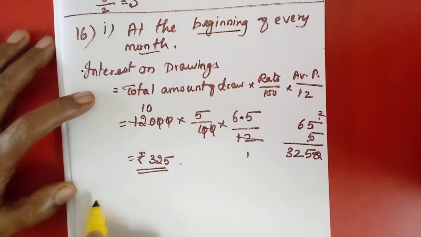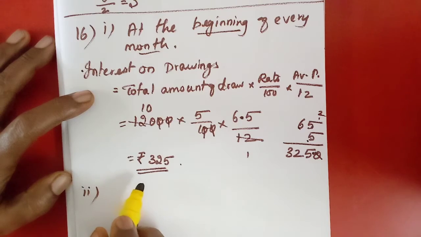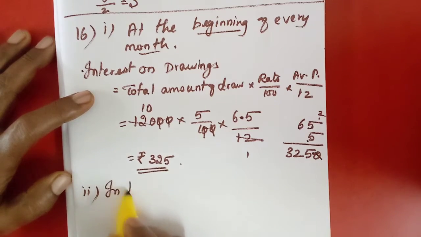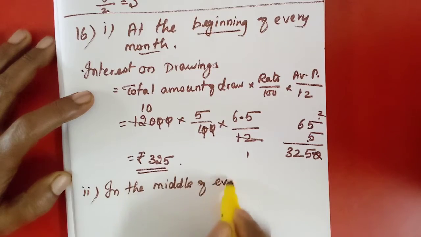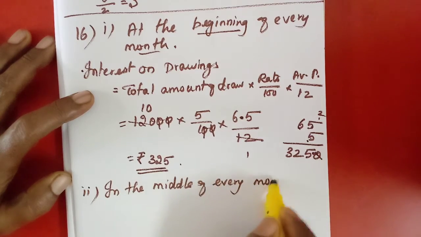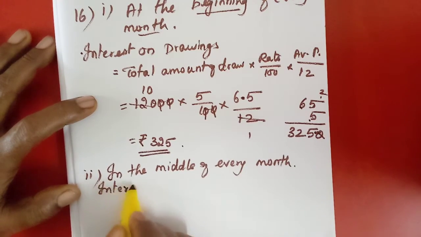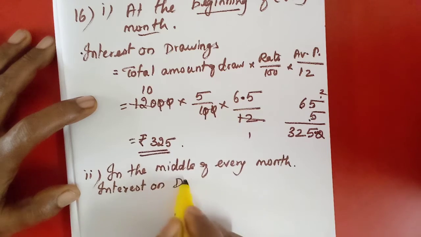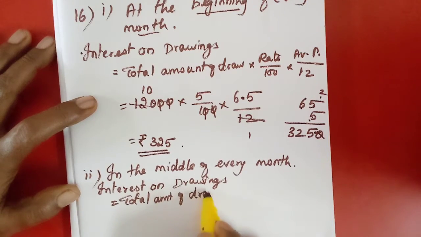Okay, you see now the second one. In the middle of every month. For middle it will be easy, isn't it? Again you have interest on drawings. For each and everything you should write the formula. Total amount of drawings you have to write fully.